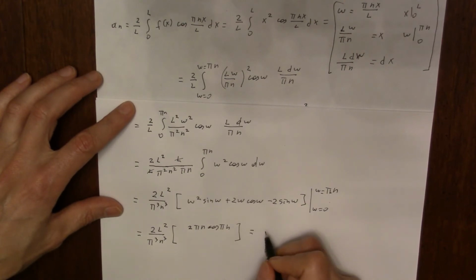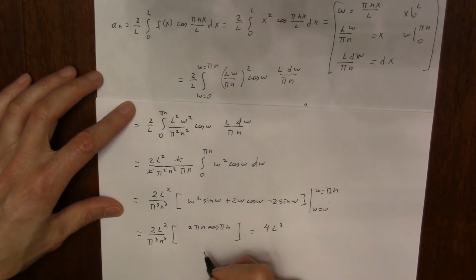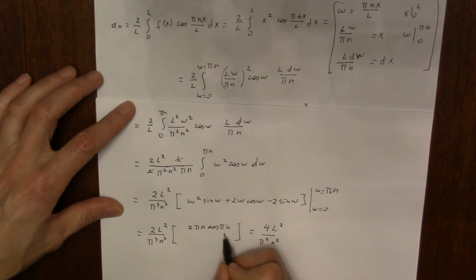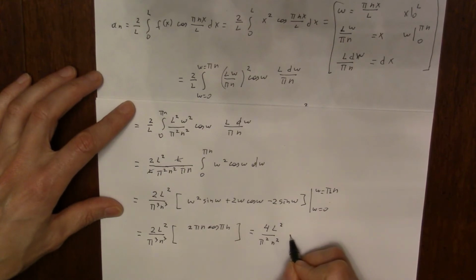So we're going to get 2 times 2 is 4, L squared. We're going to reduce pi and pi cubed, so we have pi squared left, and n cubed, so we have n squared left. And instead of writing cosine of pi n, we're going to write negative 1 to the n.